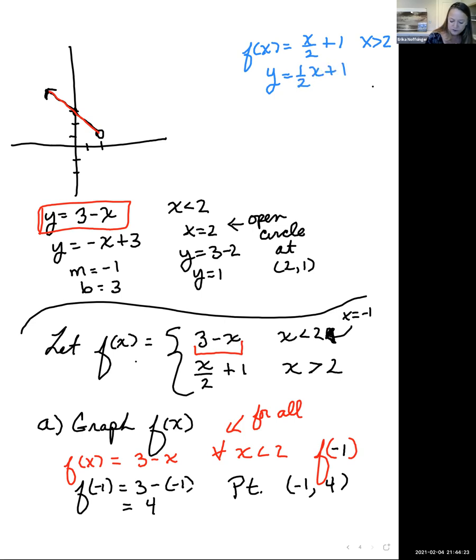So it's in slope-intercept form. My slope is 1/2 and my b value is 1. I can't graph that point because this is my y-intercept, the point (0, 1), but my x values have to be greater than 2. So this is actually not on the graph.